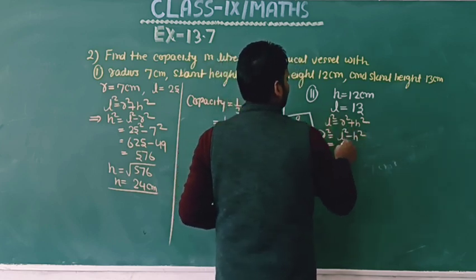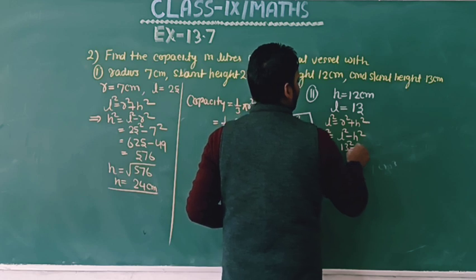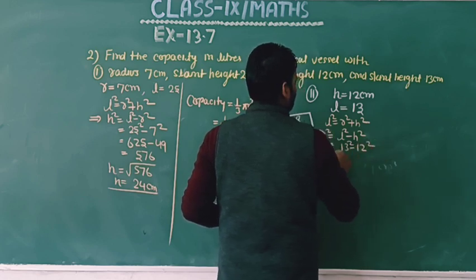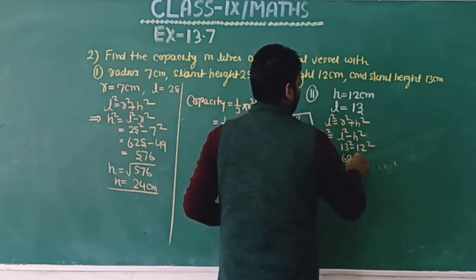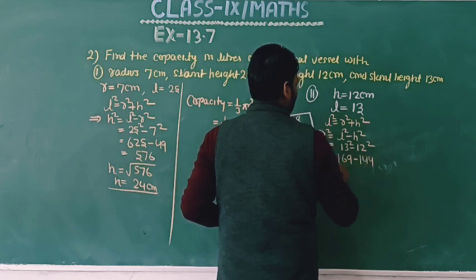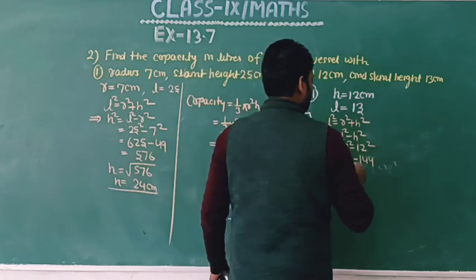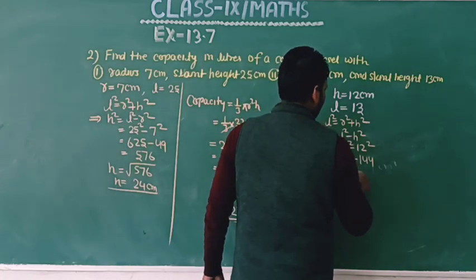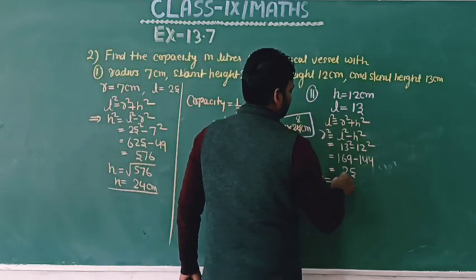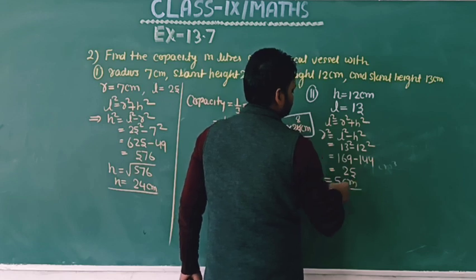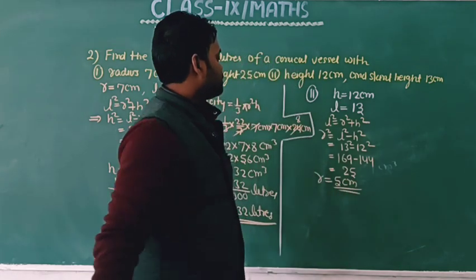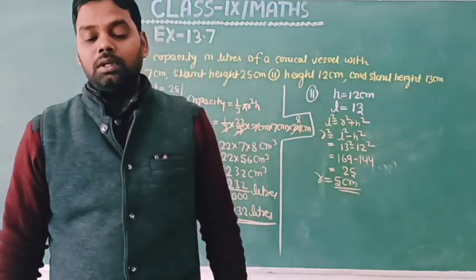L is 13, so 13 square minus 12 square, which is 169 minus 144, equal to 25. So r equals 5 centimeter. So the radius is 5 centimeter.